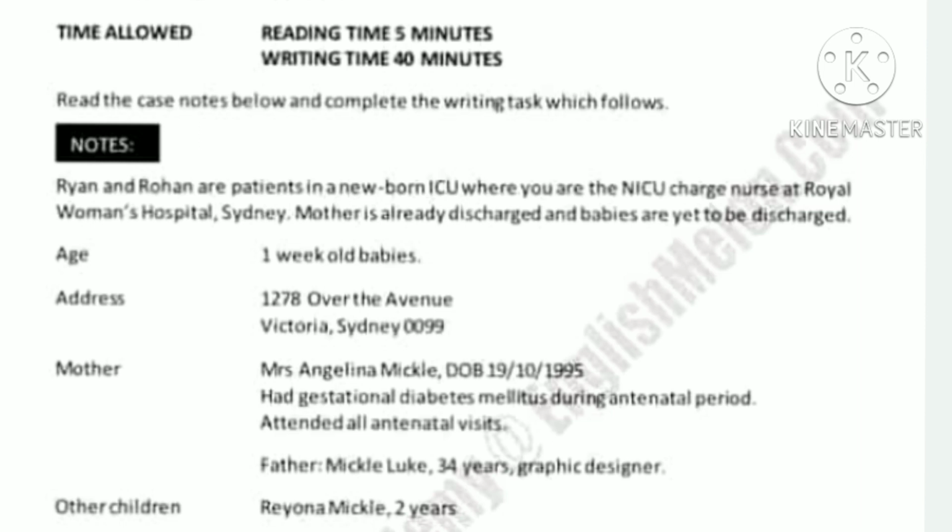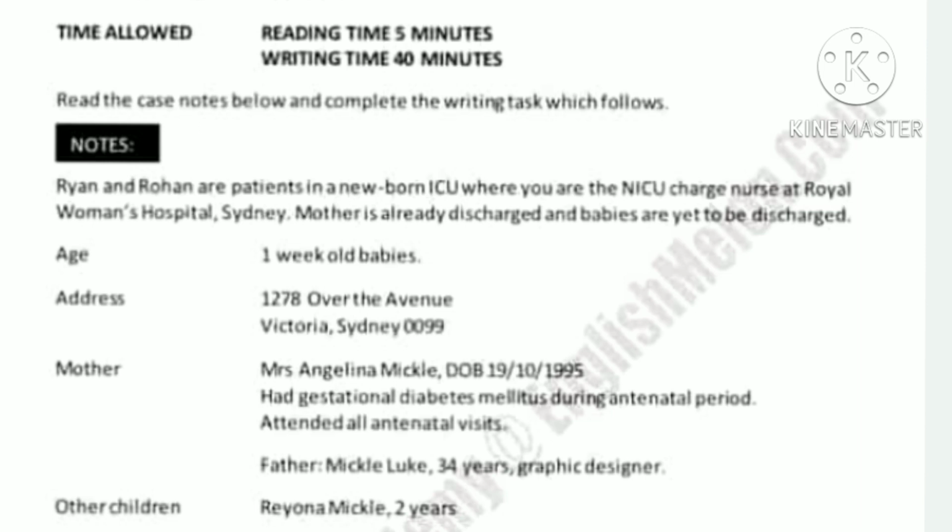Date of birth is given. Had gestational diabetes mellitus during antenatal period. Attended all antenatal visits. Then father's name is Michael Luke, 34 years, and he is a graphic designer. Other child is Riona Michael, 2 years old. These are the information we got.